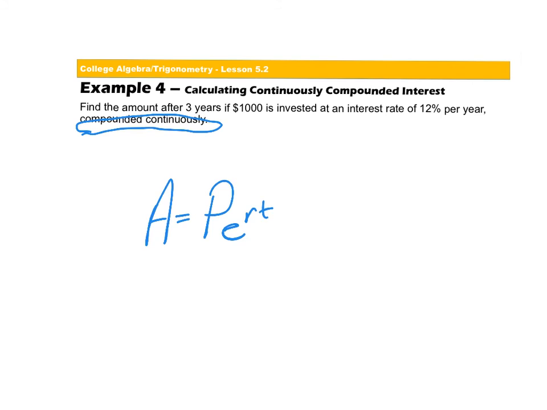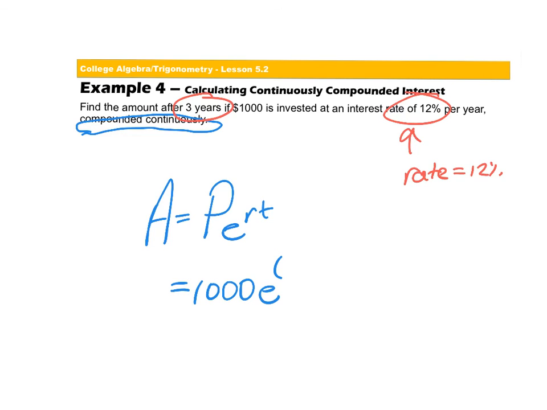So principal, what is the amount that I started off with? $1,000. What letter comes now? e. And then in the exponent, I put the interest rate times the time. What is the interest rate, guys? It's 12%. So how do I use that in my calculator? 0.12. And how many years? 3.